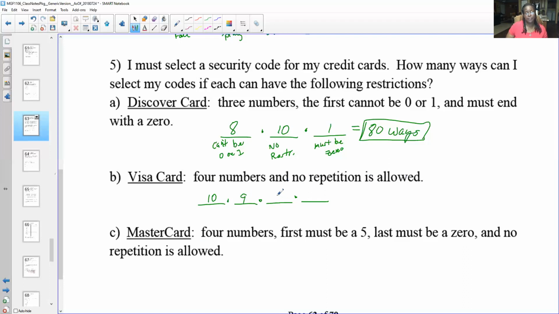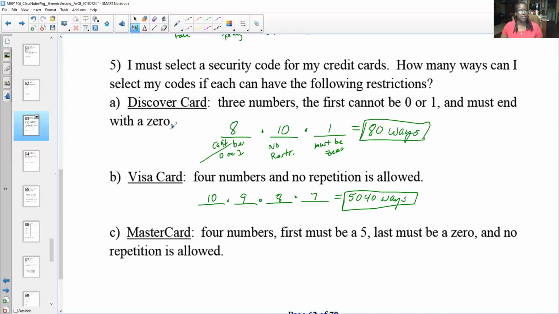Then we have, that's right, 8 to choose from, and then 7. Good. Glad you got that. Then when you multiplied it together, you got, yes, that's what I got, 5,040. All right, 5,040 ways.